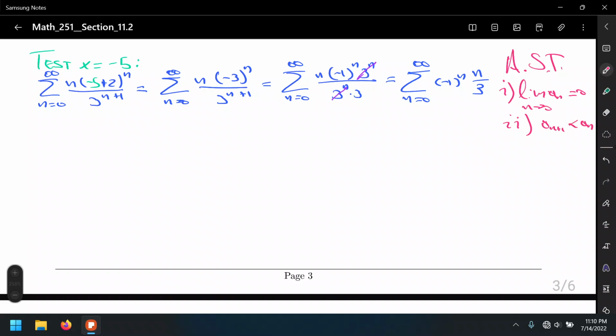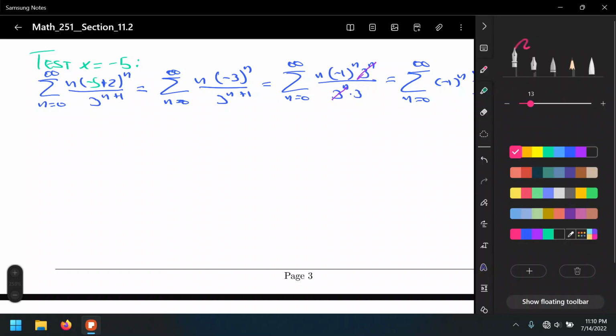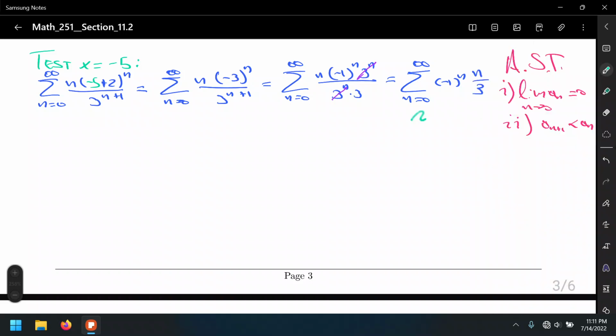All right, so let's check the first condition for this one. The limit of n over 3 as n approaches infinity. Well, this is infinity, which is not 0, so it diverges.